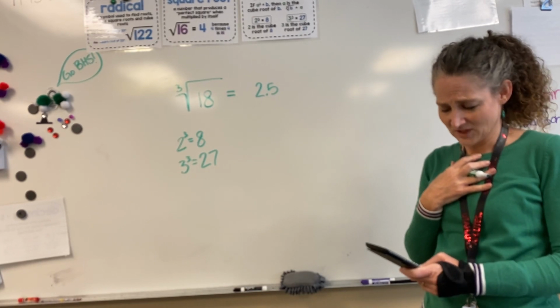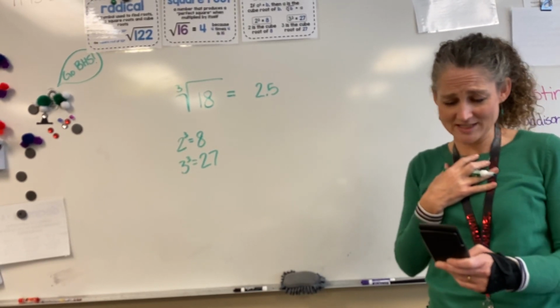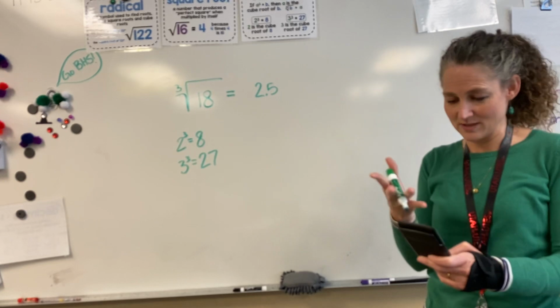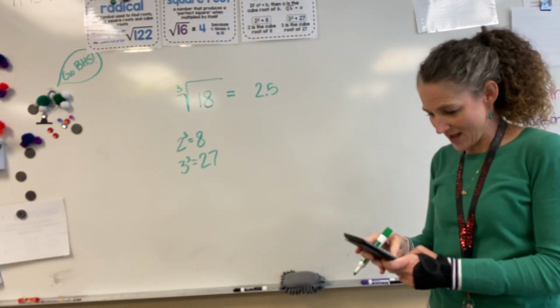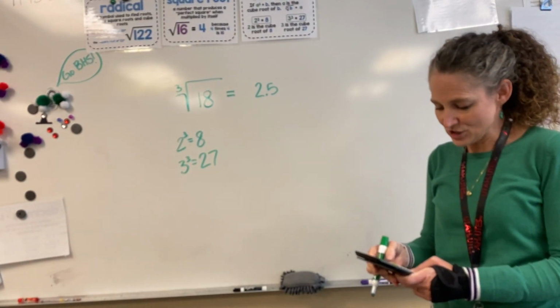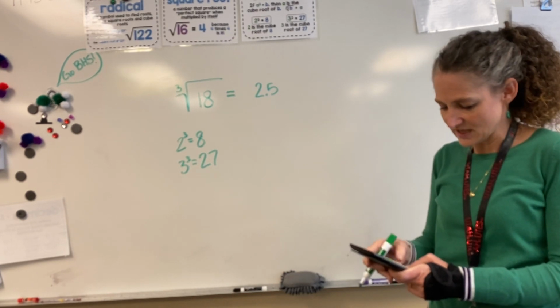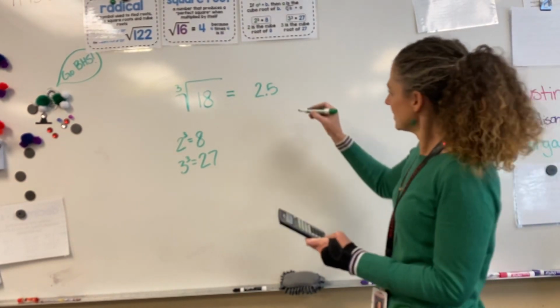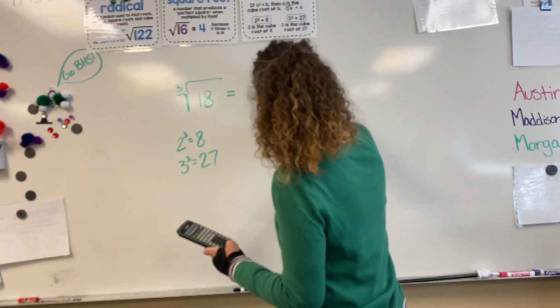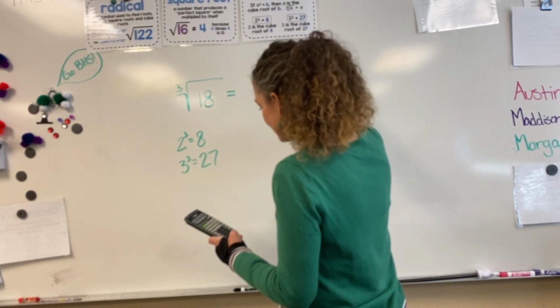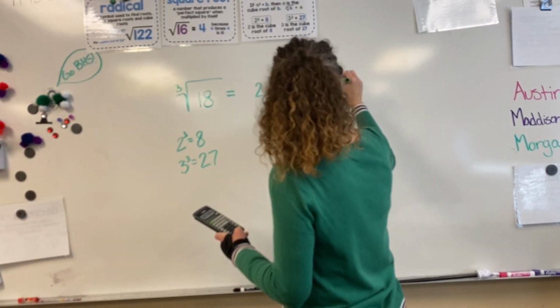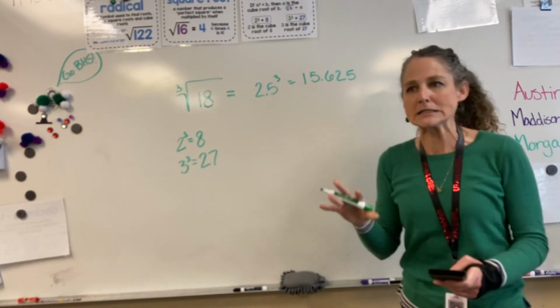So 2.5 times 2.5 times 2.5. Okay, so 2.5 cubed equals 15.625. We're a little small.